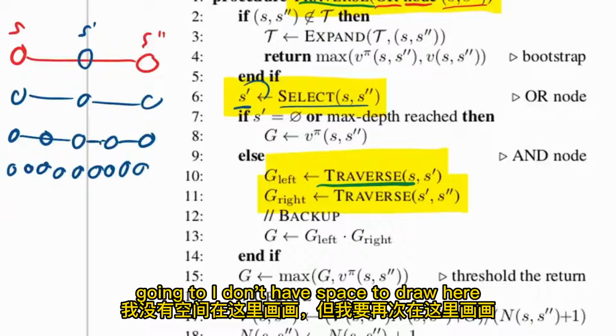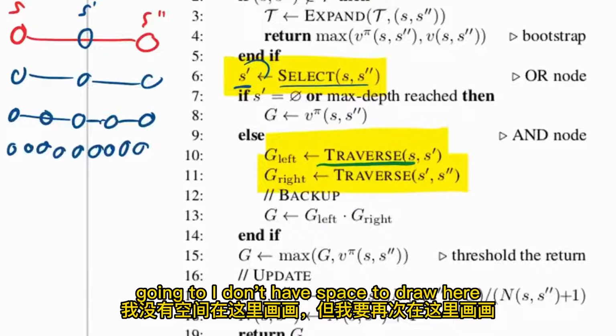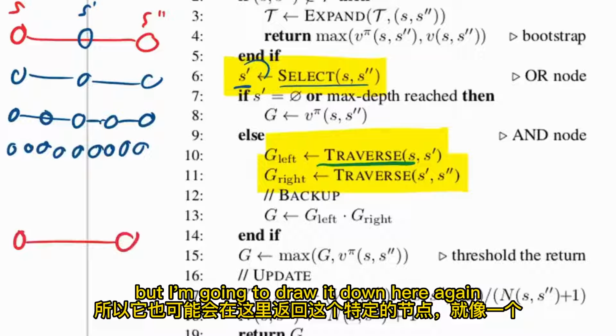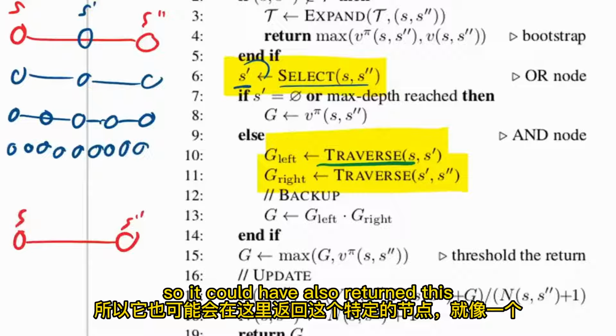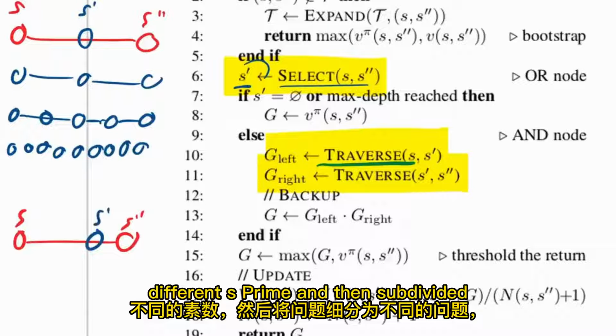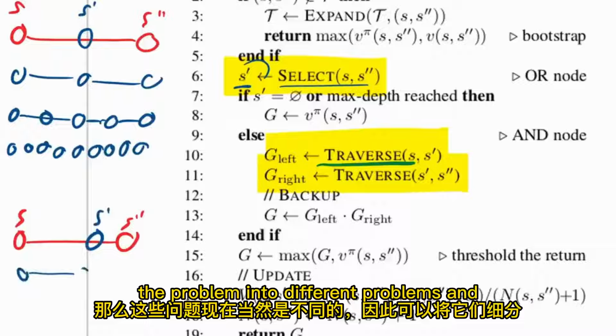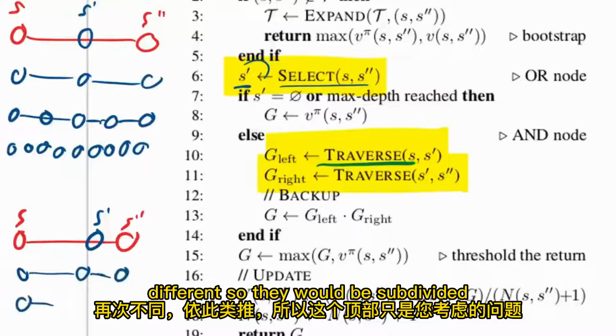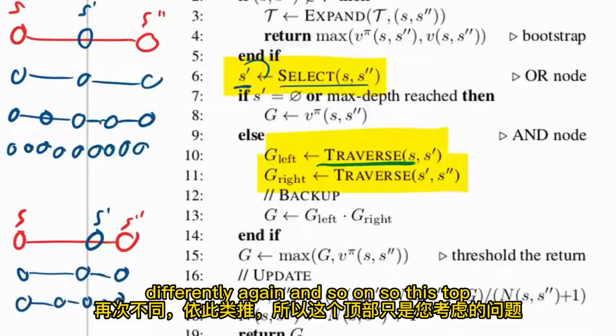I don't have space to draw here, but I'm going to draw it down here again. So it could have also returned this particular node here, like it's a different S prime, and then subdivided the problem into different problems. And then, of course, those problems are now different, so they would be subdivided differently again, and so on.